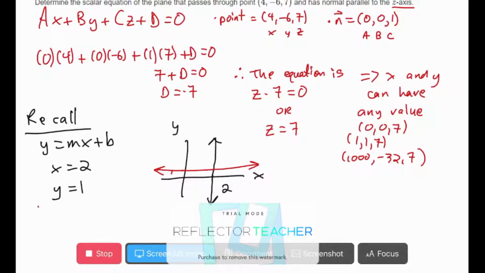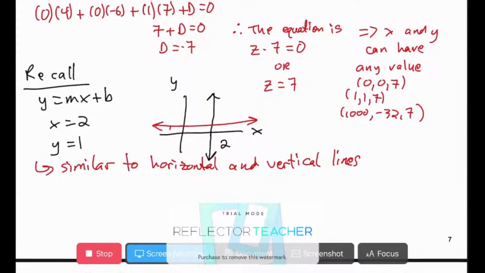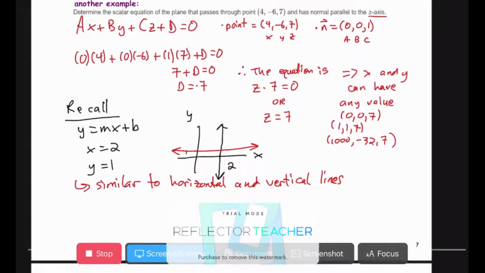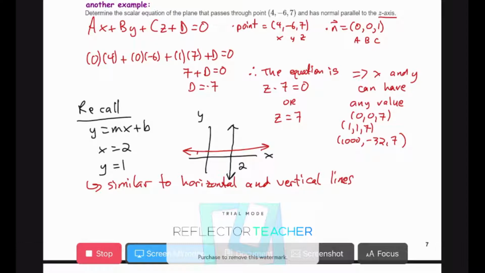So basically this is similar to horizontal and vertical lines. So our special cases of lines, and we've just seen our special case of a plane.